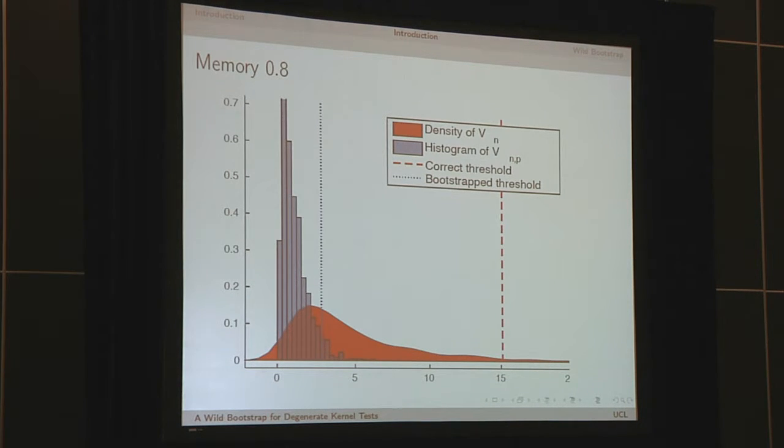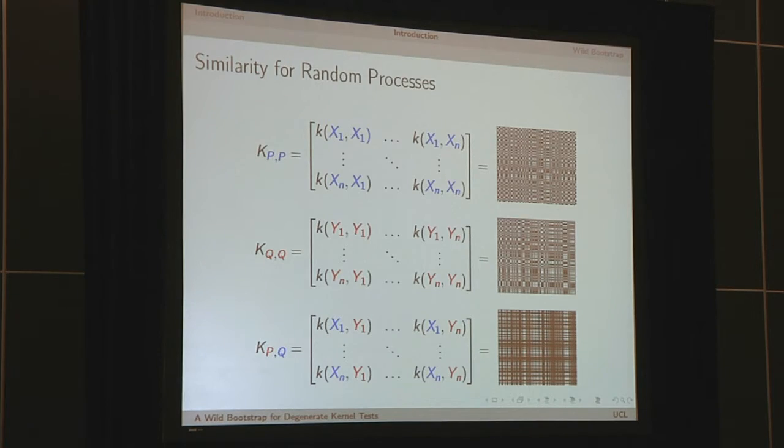Why is this happening? Why are we failing to mimic the distribution of the V statistic? Well, to see what's going on, we need to look at the similarity matrices once again. Here are the similarity matrices plotted for the random processes rather than for the IID observations.